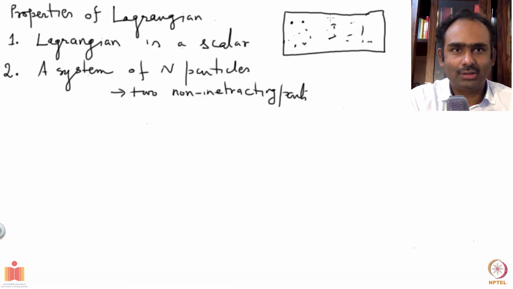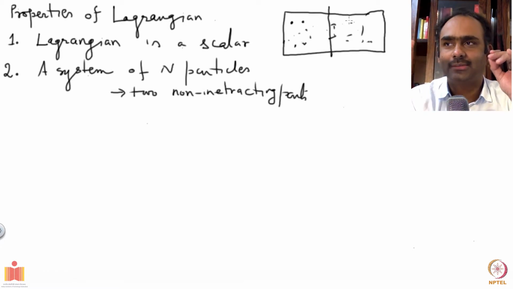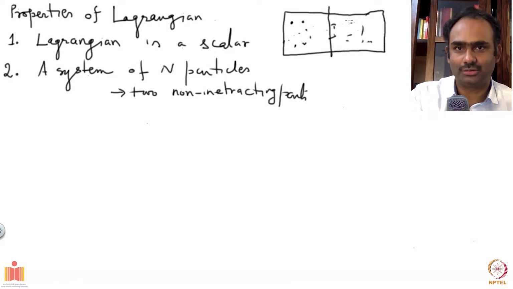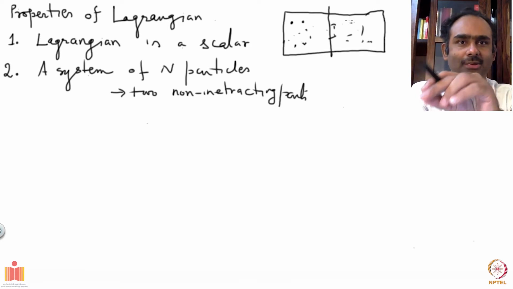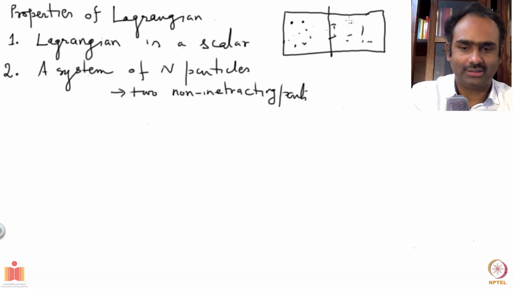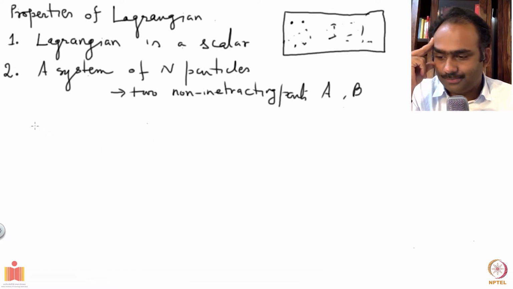I'm not putting a dividing line here to say that this is part A, this is part B, because I'm imagining the particles are all moving around. But I'm saying, okay, this one belongs to part A, this one belongs to part B, this one may be part B. They don't talk to each other. So I have two non-interacting parts, A and B, by which I mean what I said.